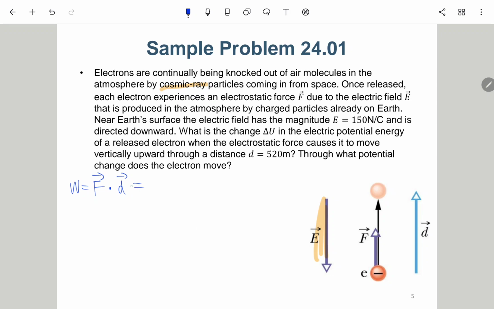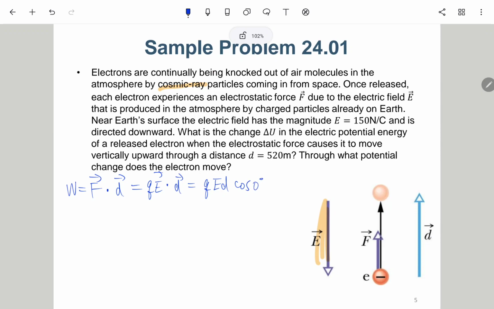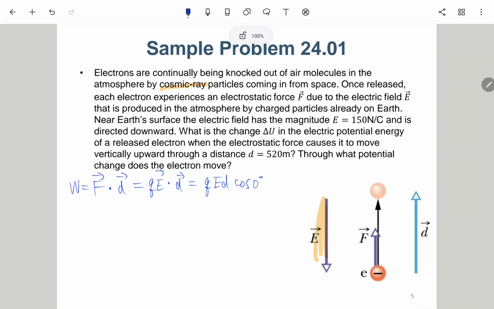And actually it is like F equals Q times E, dotted with d, which is nothing but Q times E times d and then cosine of 0 degree, because E and d, actually it is 180 degree. Okay, so here F and d point to the same direction, but E points the opposite direction.